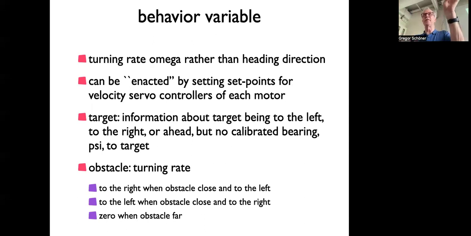So the left light sensor always makes an attractor of turning left, which would be a positive turning rate. And the right light sensor makes an attractor at negative turning rate. And you add those, and if the two have the same light strength, then they would average to 0 in the middle. And otherwise, you would have an attractor on the left or on the right in turning rate.